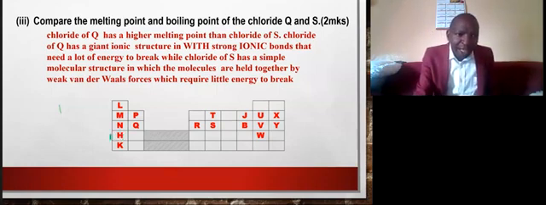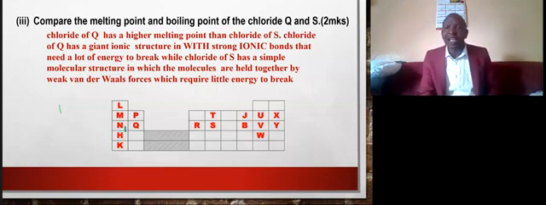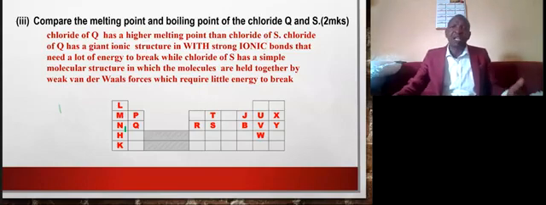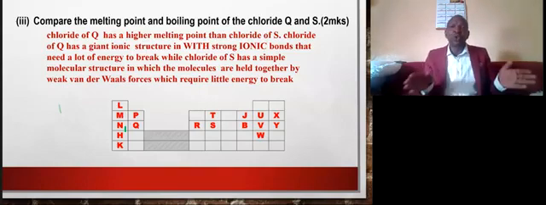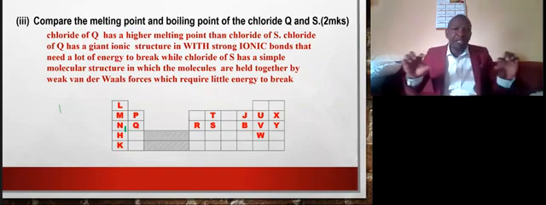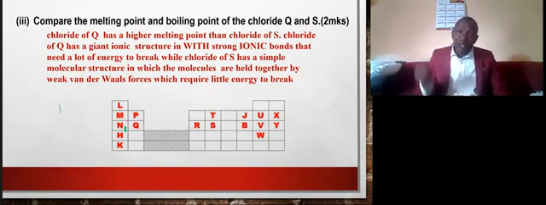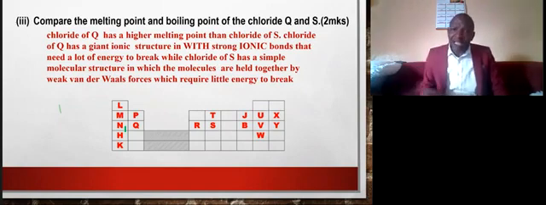If you are given H and N, which one has the higher melting point? N, because it has a smaller atomic radius. So get the atomic radius for the same group. If those elements are in the same group, you go for the atomic radius. The smaller the atomic radius, the stronger the metallic bond.